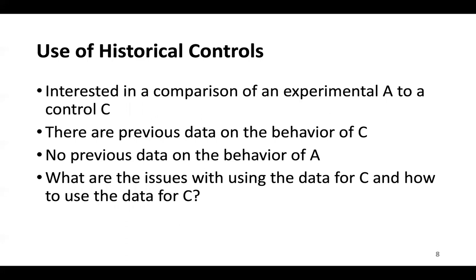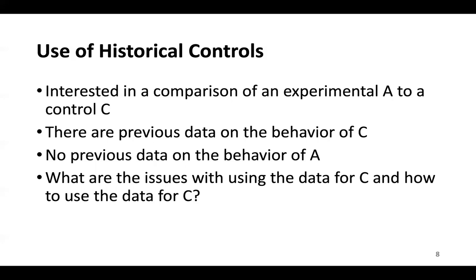So the setup is I'm interested in the comparison in a new trial between experimental arm A and a control C. It's not unusual that we have previous data on the behavior of C. It's now perhaps the standard of care, and there have been previous studies that have investigated C, and we have that data.